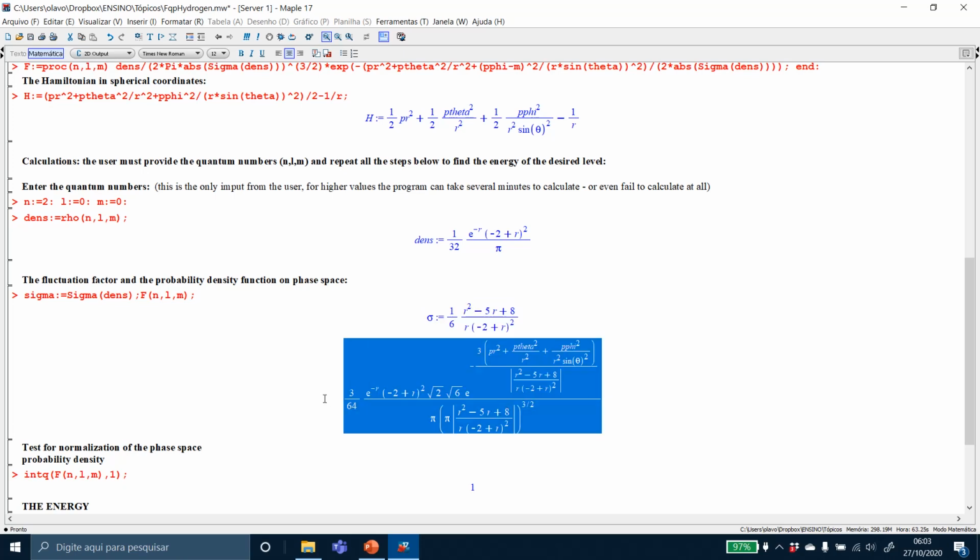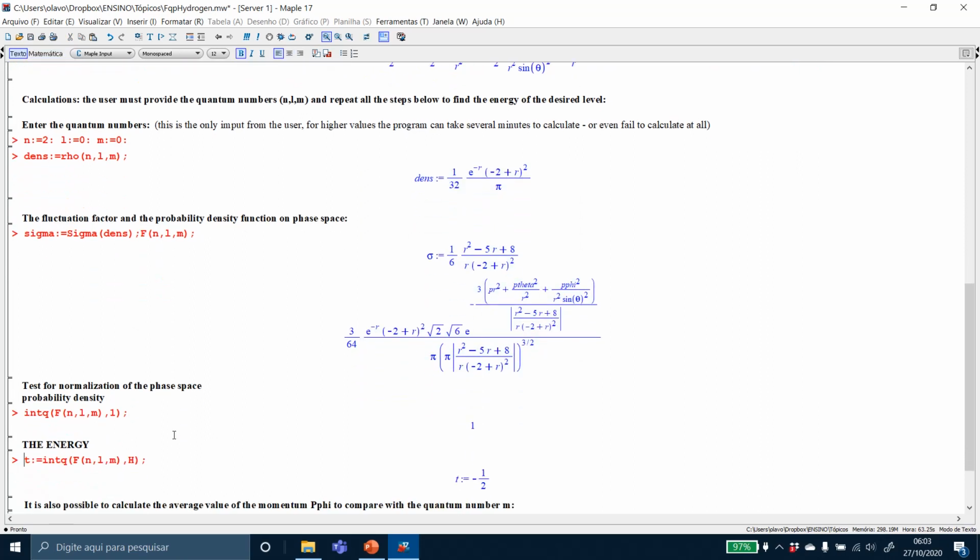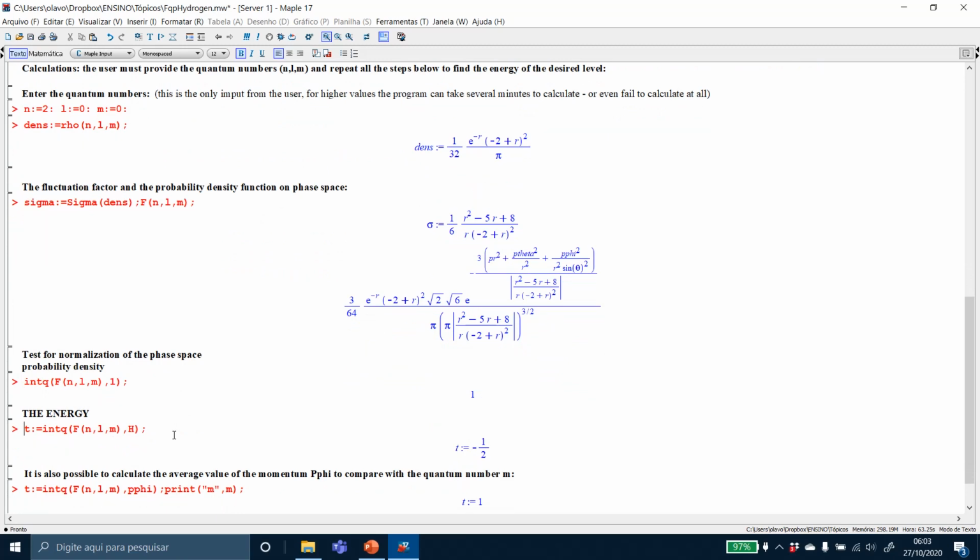The function f is much more involved, and we again test for its normalization. It's true, and we calculate its energy, which is nothing else but minus 1 over 2 times 2 squared, which is the energy of the hydrogen atom.